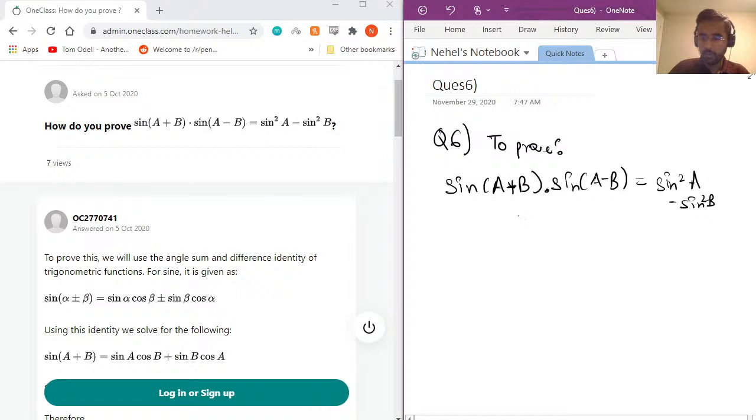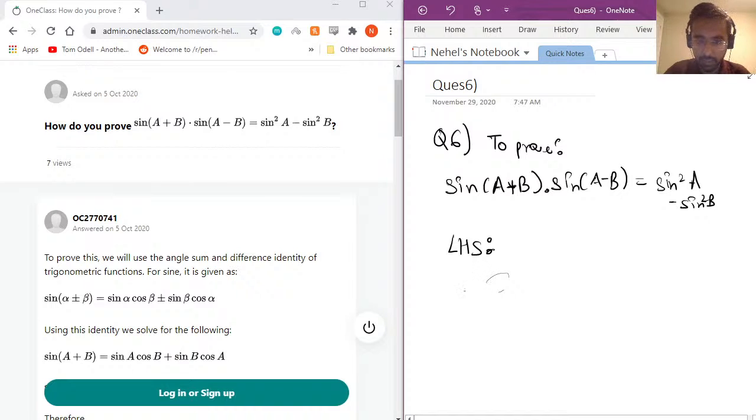Okay, so to prove this we're going to start from the left hand side, and right at the back if I look at the two terms on the left hand side, we can see that there is an identity. If we're familiar with it, we can start applying that.